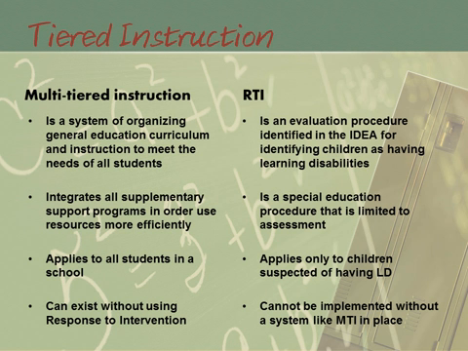RTI, on the other hand, is an evaluation procedure identified in the IDEA for identifying children as having learning disabilities. RTI helps us to identify students who are not going to respond well even to multi-tiered instruction in the regular classroom. So multi-tiered instruction is really a first level, a primary type of intervention that is implemented in the classroom, whereas RTI is a whole-school, large-scale set of systematic interventions that help to identify children who have learning disabilities.